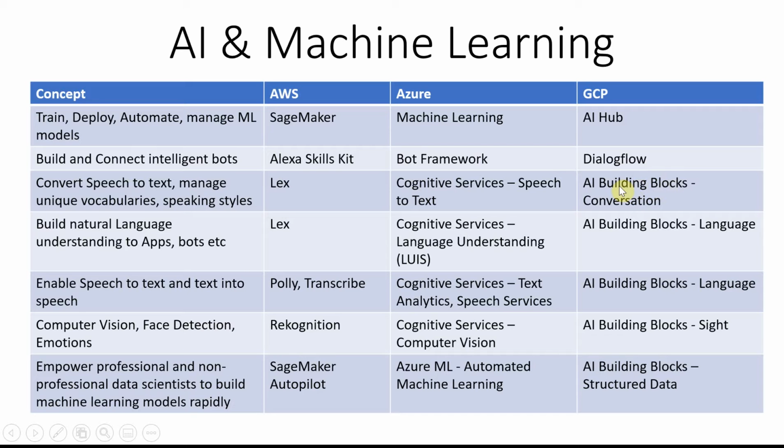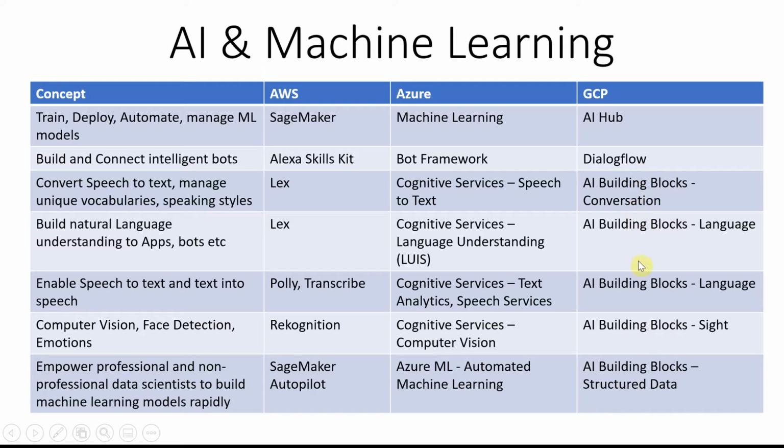The new name in the GCP world is AI building blocks, because they logically categorized all the products under AI building blocks conversation, AI building blocks language, AI building blocks sight, and AI building blocks structured data. From the name itself we can understand what it does, so it is more logical in that way.